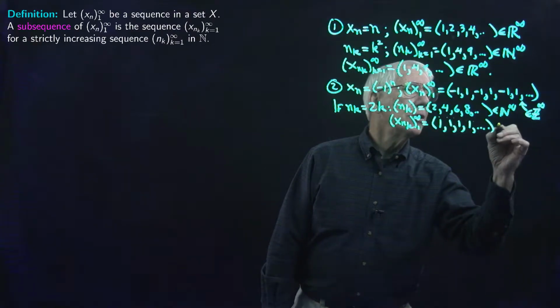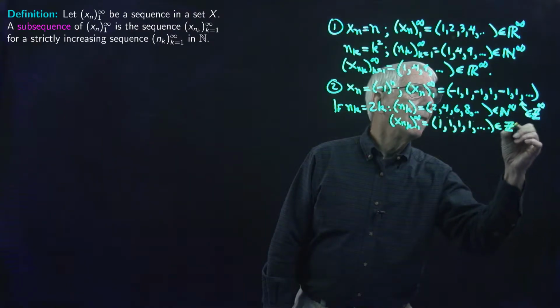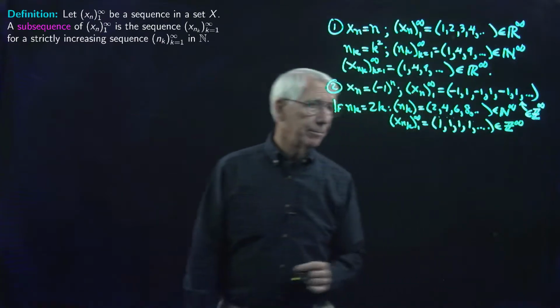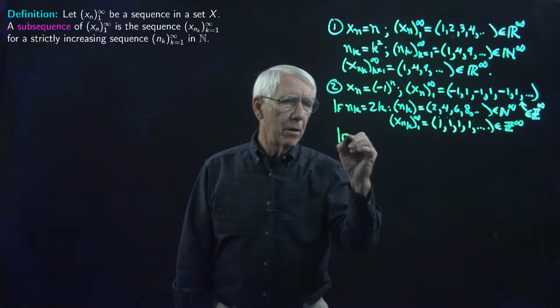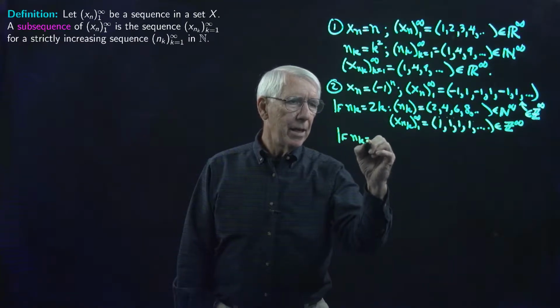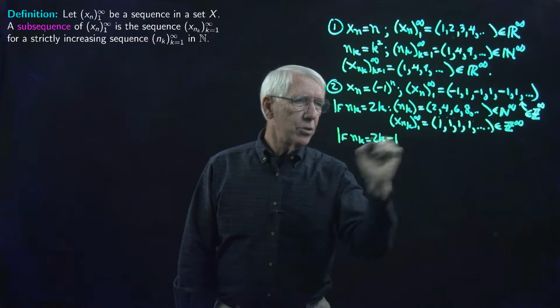So this is in Z infinity. What if instead n sub k is 2k minus 1?